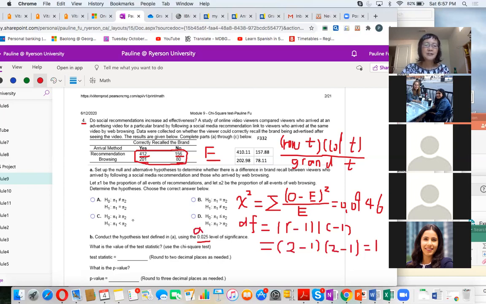By the way, the distribution of chi-square is similar to the F distribution. It is skewed to the right. Chi-square distribution is skewed to the right. When you calculate the critical value for chi-square, always use alpha. Do not use half alpha, even though it is a two-tailed test.